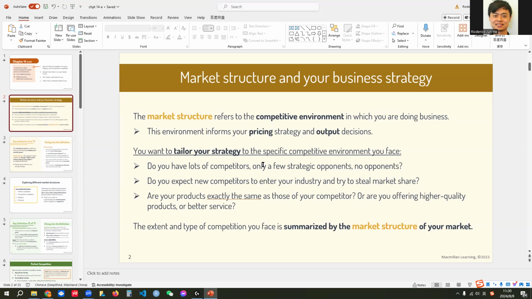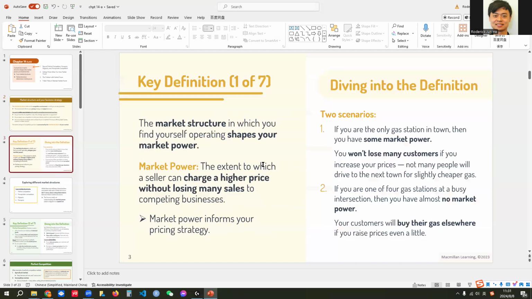Are your products exactly the same as those competitors', or are you offering high quality or differentiated products or better services? Based on your answers to those questions, there are different levels of market power your firm occupies, and it also determines the market structure your firm is in.